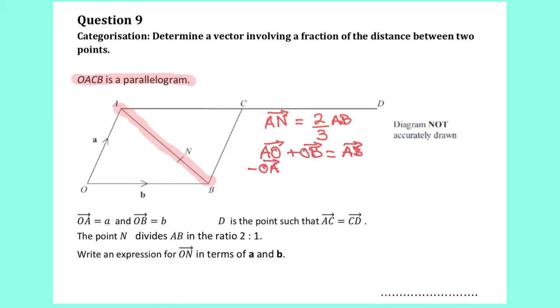So minus OA plus OB equals AB, which is equal to minus A plus B. But we also know that AN is 2/3 AB. Therefore, AN is equal to minus 2/3 A plus 2/3 B.